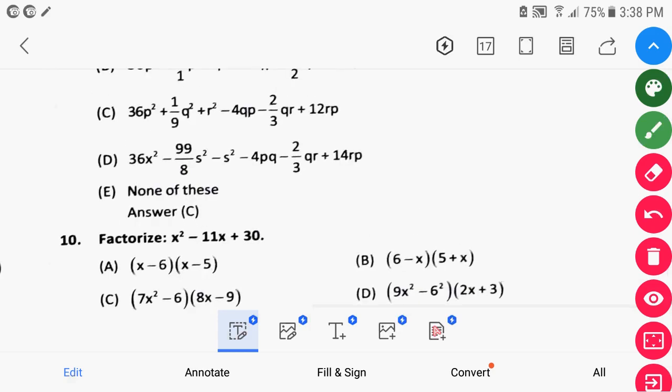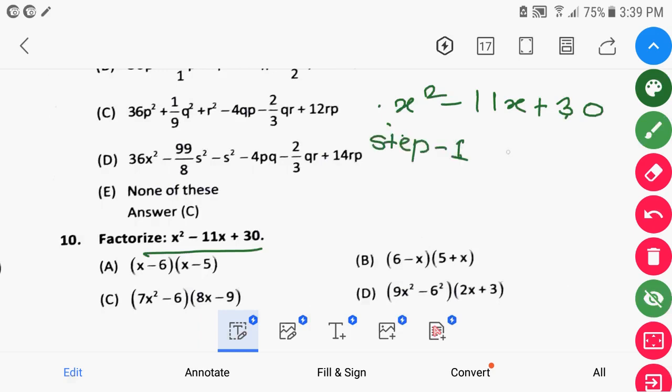Now you have to factorize here, x square minus 11x plus 30. Now the first step is to multiply the coefficient of x square and the constant. Here the coefficient of x square is 1 and the constant is 30, so the multiplication is 30. The second step is we have to factorize the 30 in such a way that its addition or subtraction can be the coefficient of x.